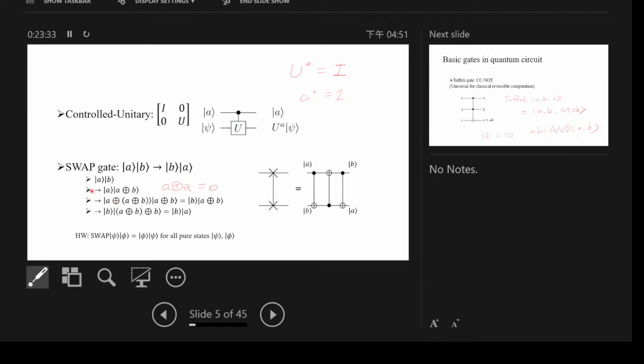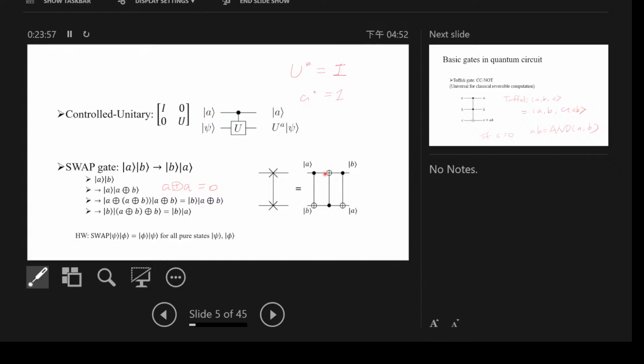So on computational basis, input is AB, and you do the first CNOT, and it should become A on the first register, and A plus B on the second register. And then you do this reverse connected CNOT.